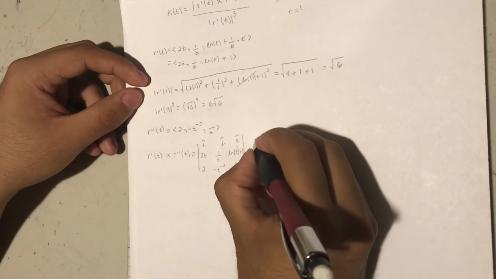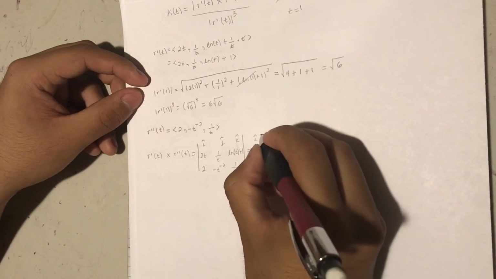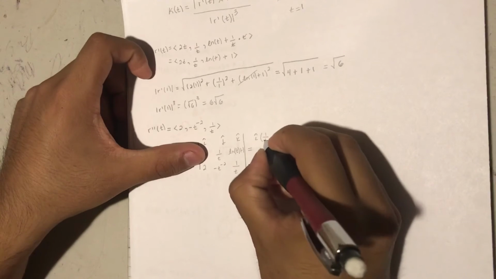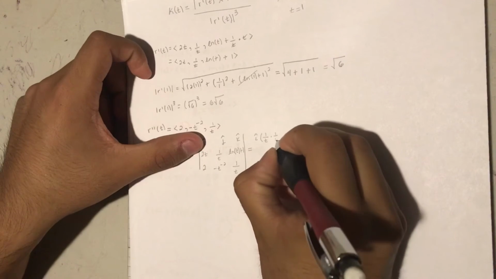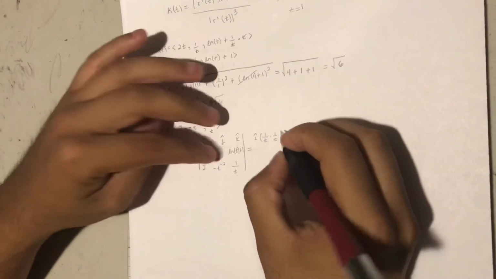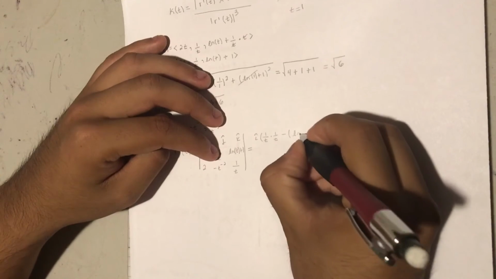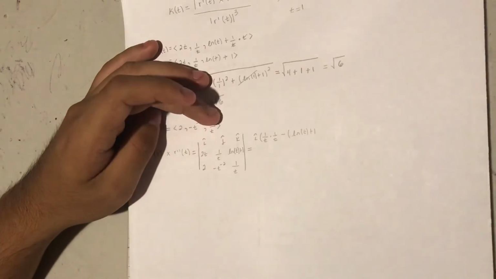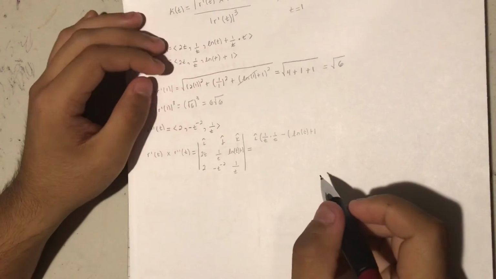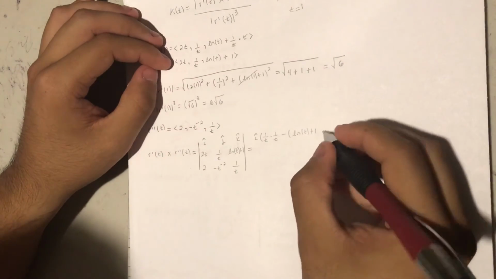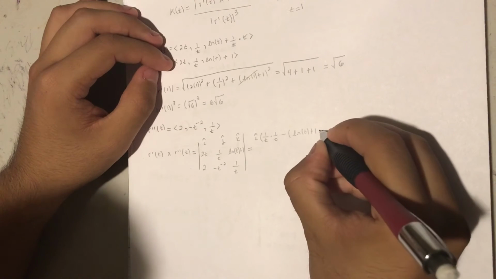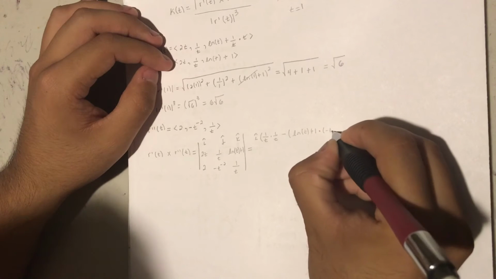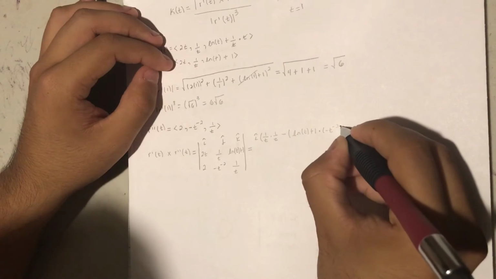So then we have the component of i, which is 1 over t times 1 over t minus ln of t plus 1 times negative t to the negative 2 power.